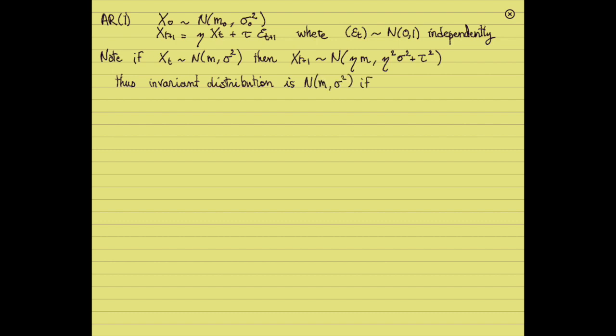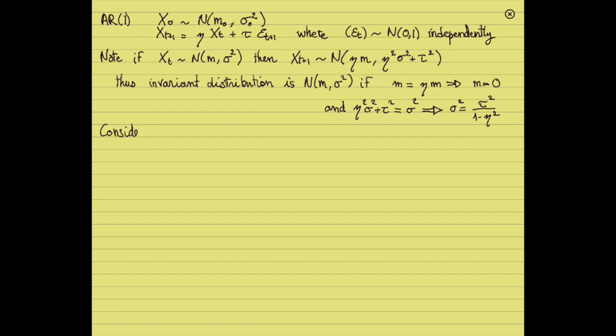In particular, from the means, we obtain that m equals eta m is only true when eta is non-zero if m is exactly 0. And on the variances, the conditions lead to sigma squared must be tau squared divided by 1 minus eta squared. And thus the invariant distribution of the Markov chain is this normal(m, sigma squared) with those m and sigma squared.